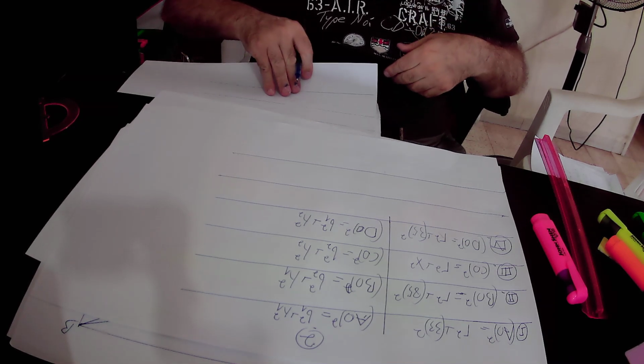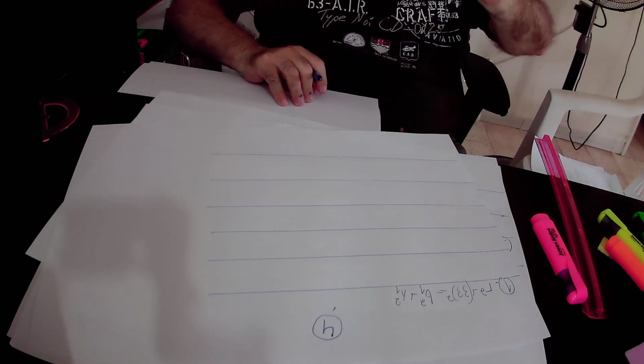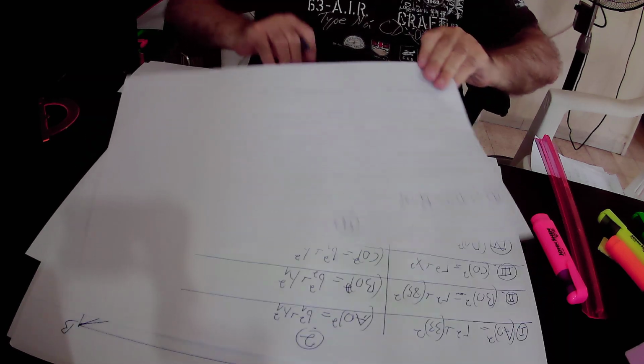So according to the first equation, R squared plus 33 squared equals B1 squared plus H1 squared.